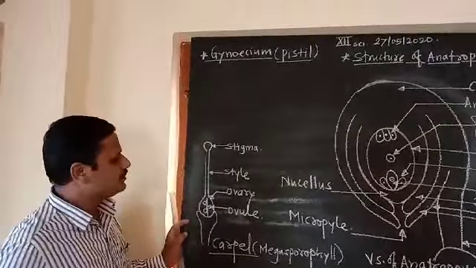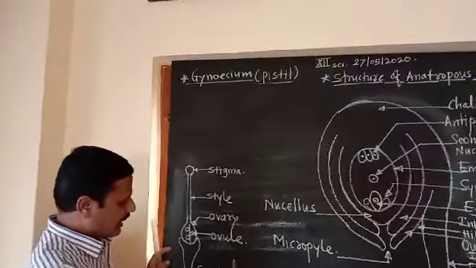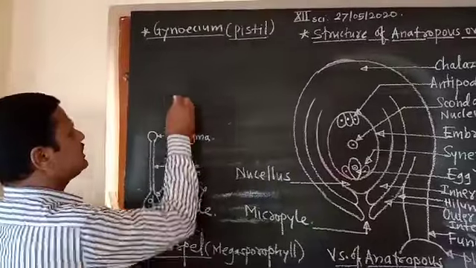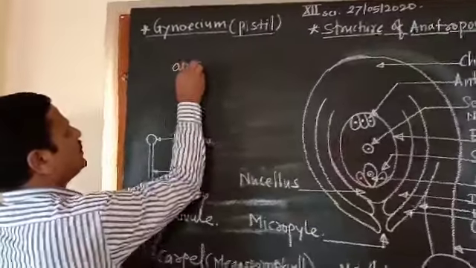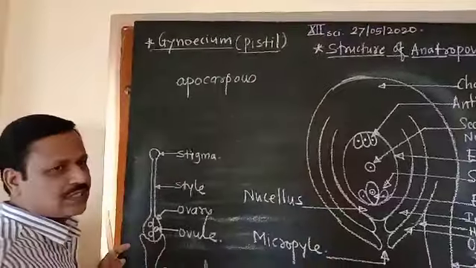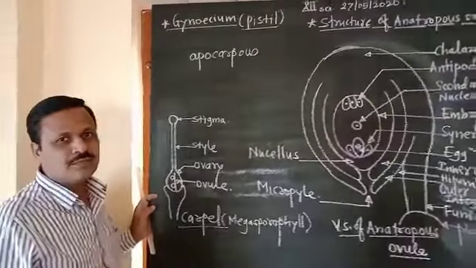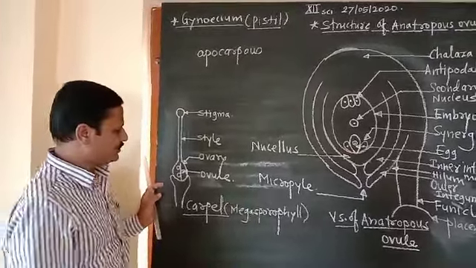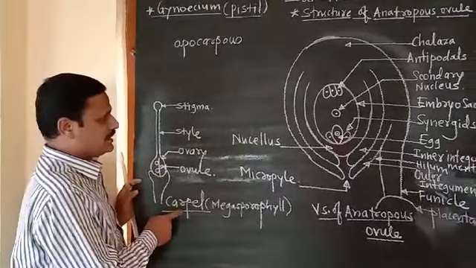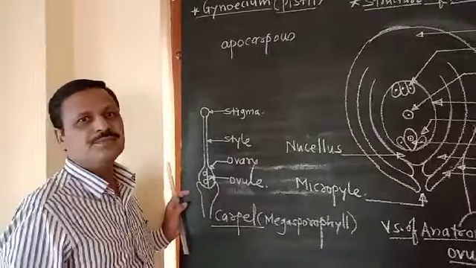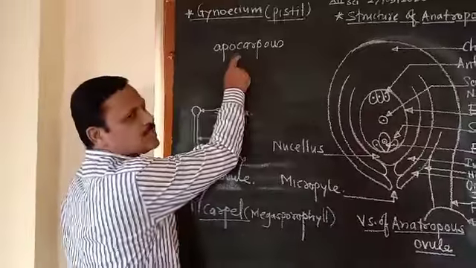A flower with many free carpels is called apocarpous. Such a gynoecium is called apocarpous gynoecium.